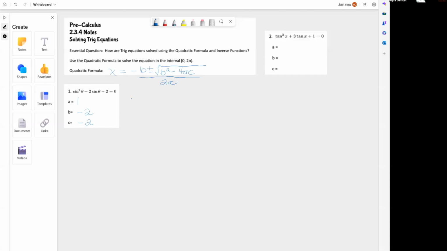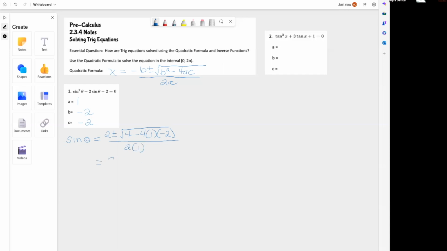So solving, we say that the trig function sine theta equals 2, because that's negative b, plus or minus the square root of b squared, which is 4, minus 4 times 1 times negative 2, all over 2 times 1.